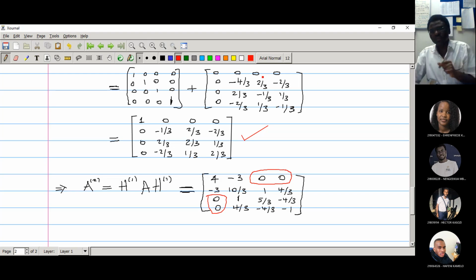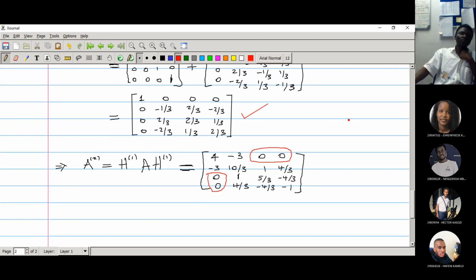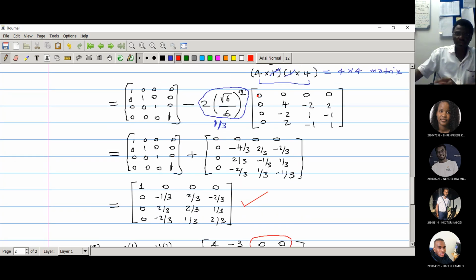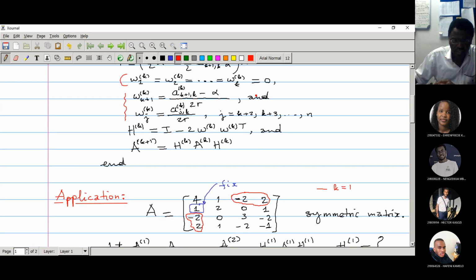Right. So the last step is k equal to 2. Because remember, we say we go up to n minus 1, right? N minus 1, which is 2. You can see it from here.